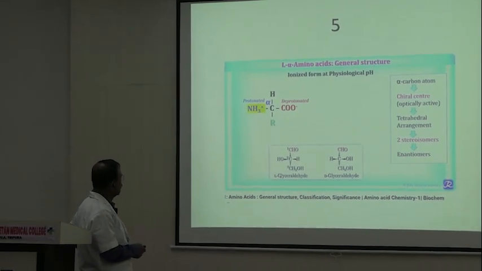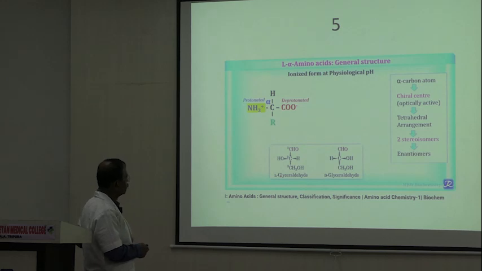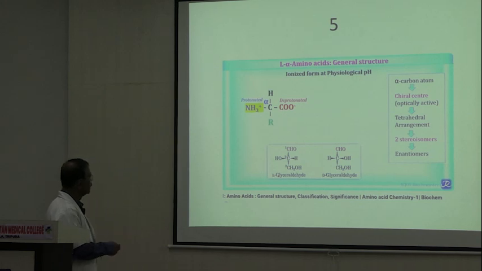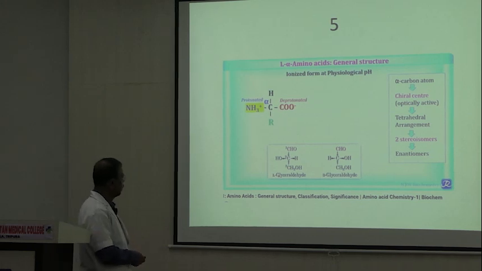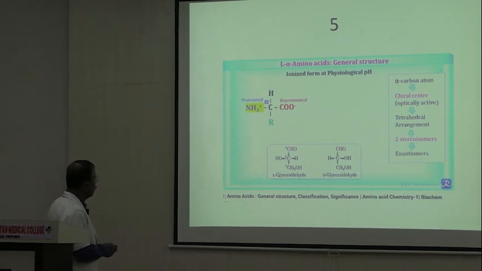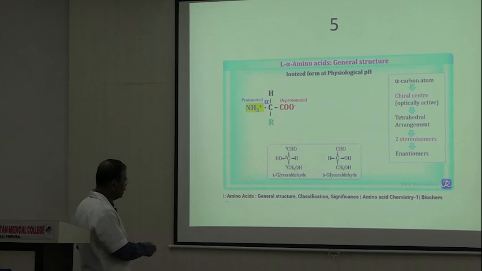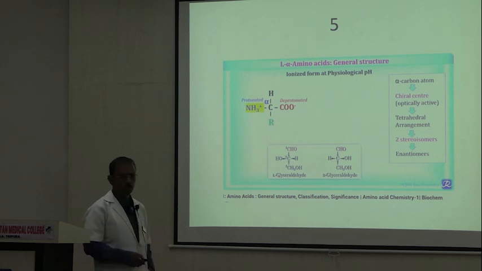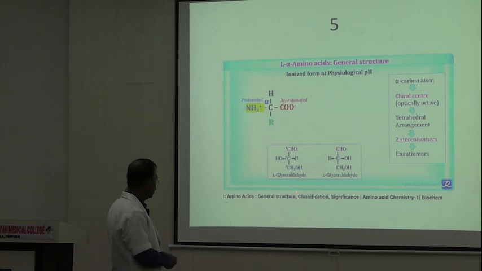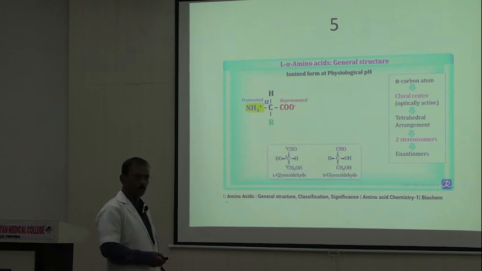Now, the structure of an amino acid is described in comparison with glyceraldehyde. It is almost similar. In glyceraldehyde, when this hydroxyl group is attached to the left, it is called L-glyceraldehyde. And when it is attached to the right, it is called D-glyceraldehyde.